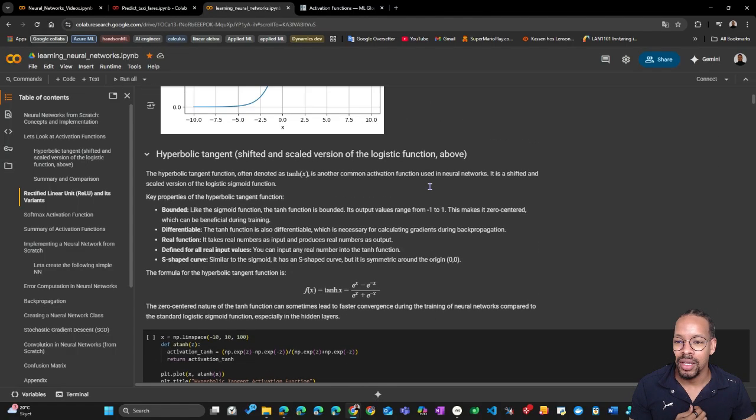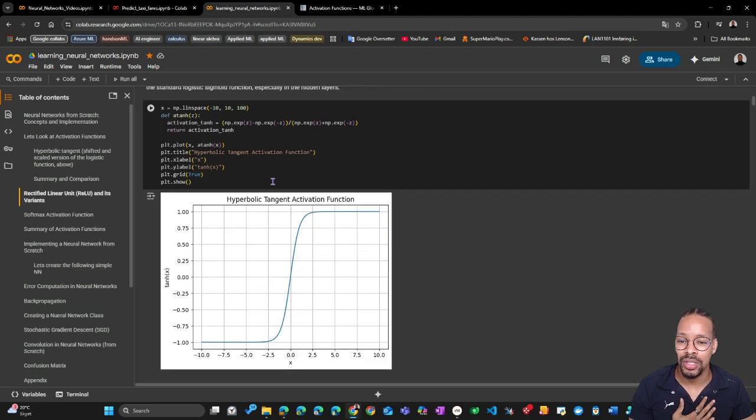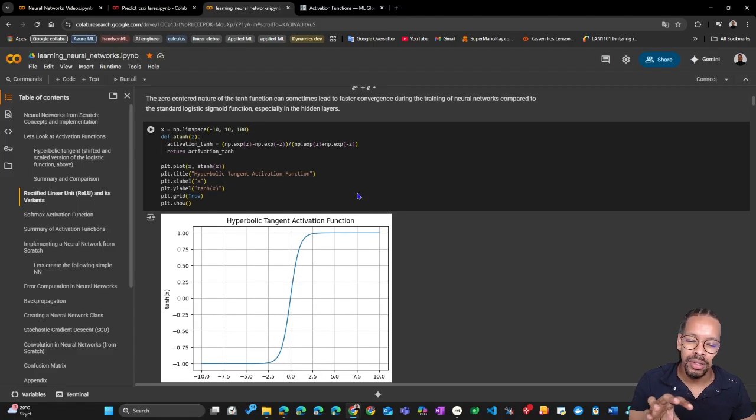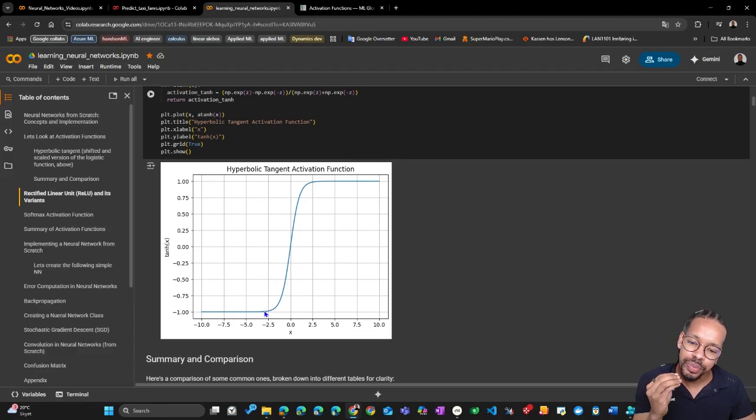And then you have the hyperbolic tangent, which looks like this. It resembles the sigmoid function, but it has values between minus 1 and 1. This is cool because it gives us 0 as the center.